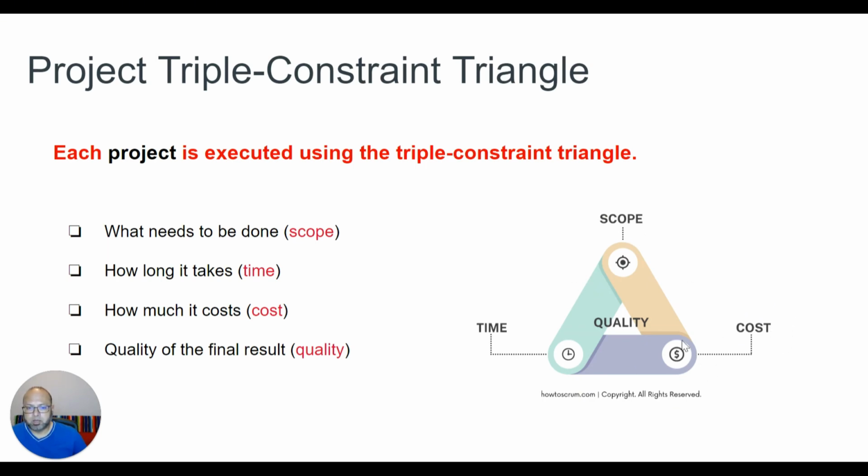So this triangle is so tightly coupled that if you make a change to the scope, you would need to make a change to the time and cost. For example, someone says, oh, could you add another feature to your project? Then you're going to say, well, that's going to take me more time and therefore I need more money. Otherwise, they could say, could you deliver your project in a shorter time?